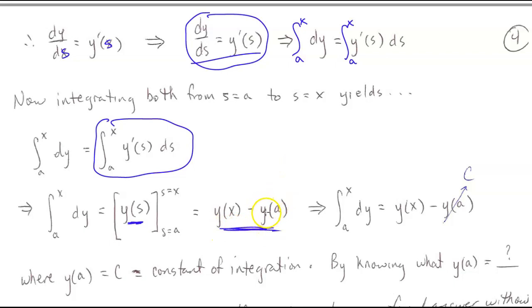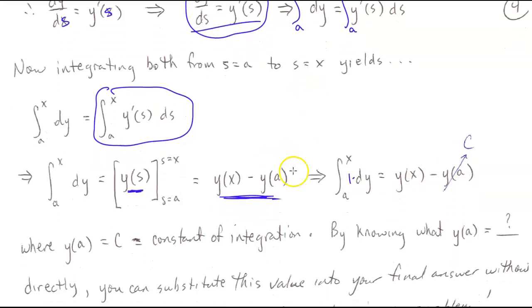We know that since a is a constant, then y of a should be some particular number. So we're just going to call that c. So we see here that the definite integral of 1 dy going from a to x is going to be y of x minus y of a, or c. And again, c is just some arbitrary constant.